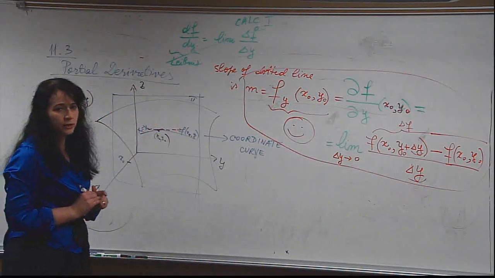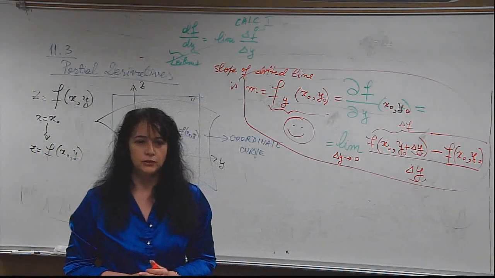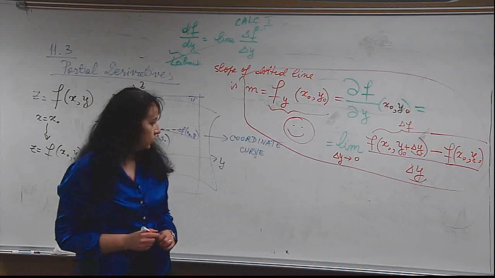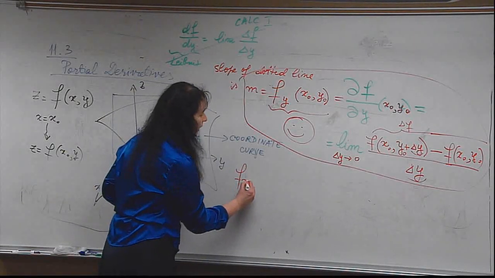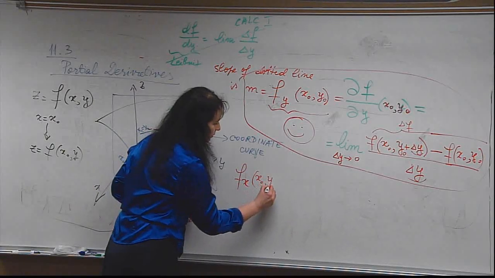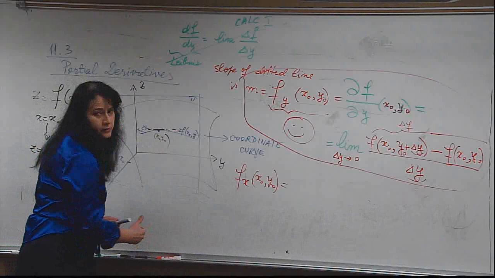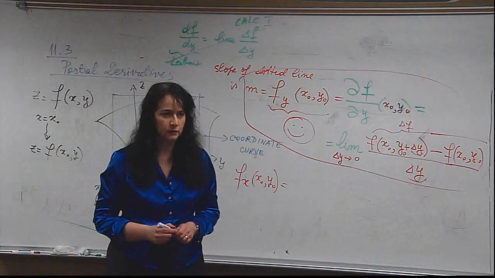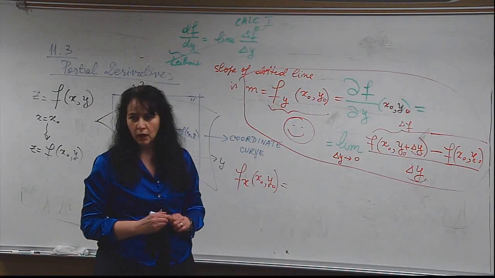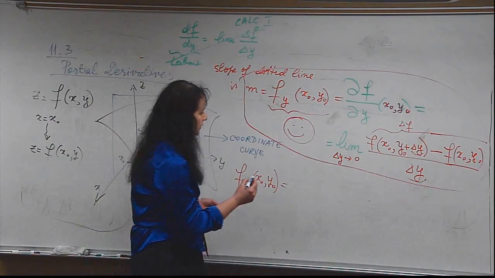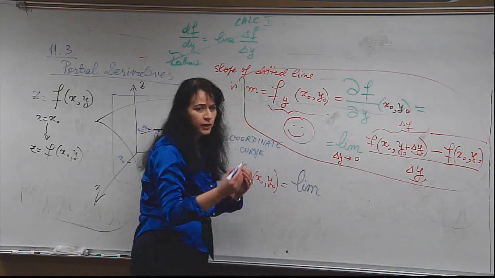Now you, without my help, because you have all the knowledge and you're smart, should tell me how I define f sub x at x0, y0. This is hard. As a limit of a difference quotient, so it's going to be an instantaneous rate of change.